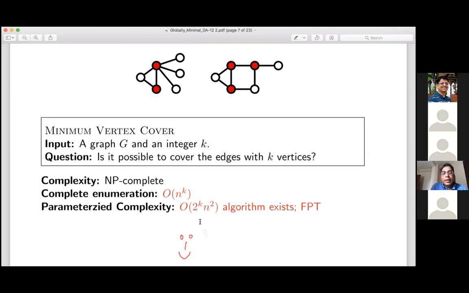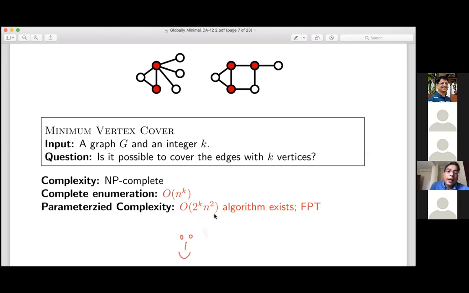Something to note here is that the time complexity has become quadratic in the input size. It's n square. And there is a function 2 to the power of k, an exponential function in the parameter. We are happy about this because generally the parameter is small, like tree width or clique width. So my time complexity is something like f of k into n to the power of c, where c is some constant.